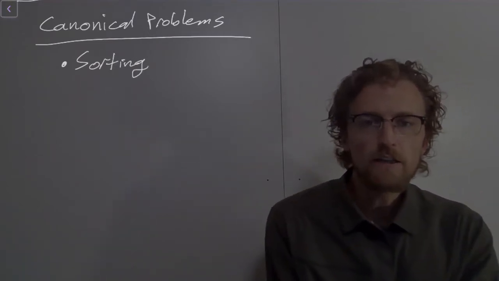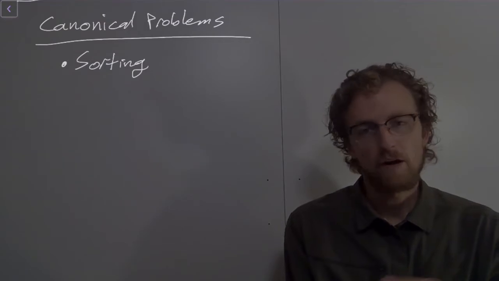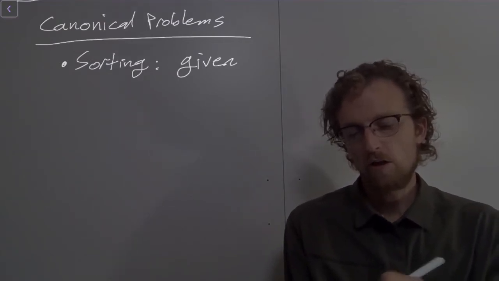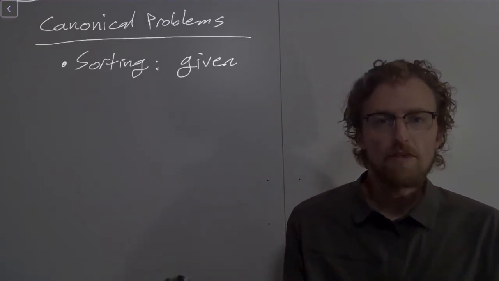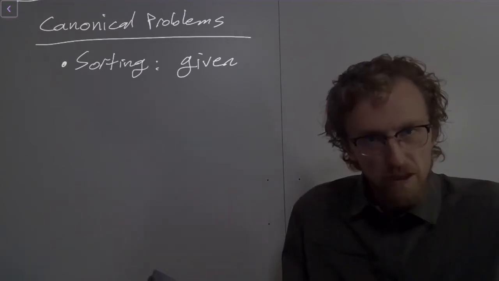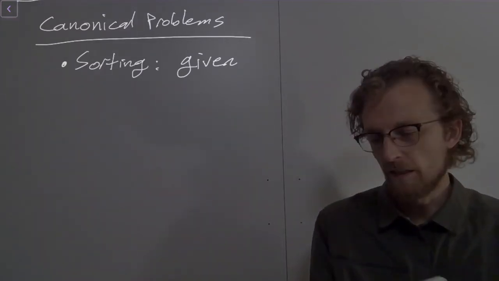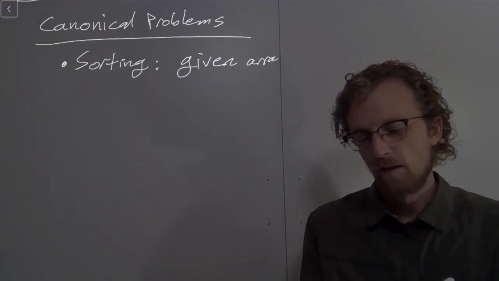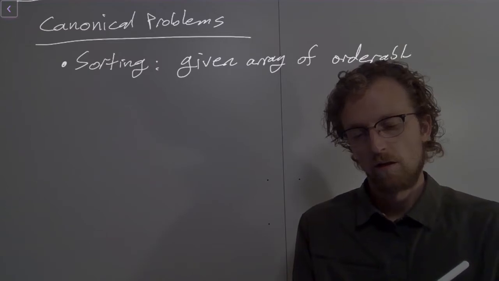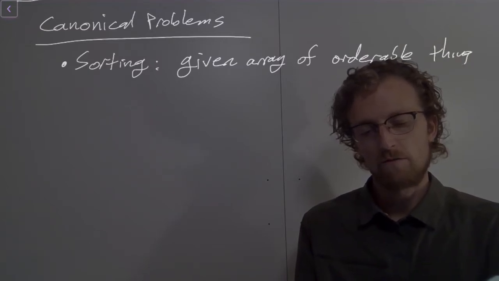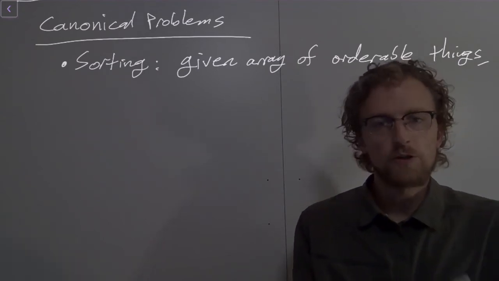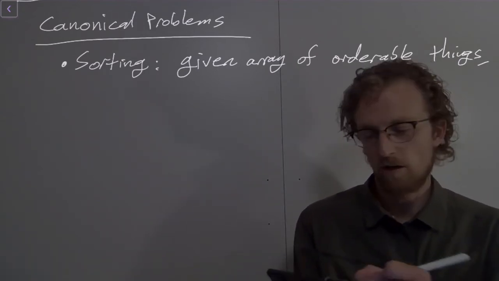It's very, very likely that you've run into sorting algorithms before. The problem with sorting is: given an array of orderable things, things where if I take two of them, you can tell which one is bigger than the other, that's basically what orderable means. So given an array of orderable things or objects, typically numbers or characters, return the array sorted from smallest to largest.